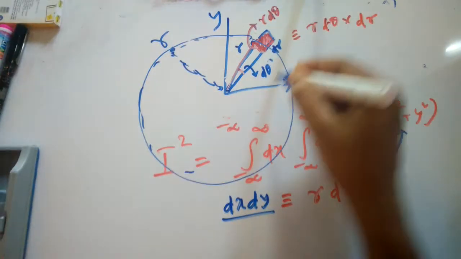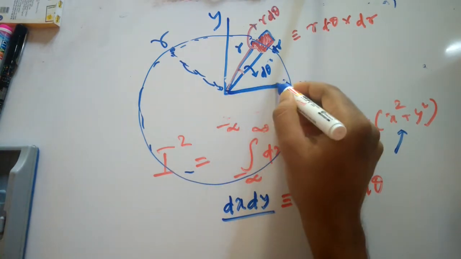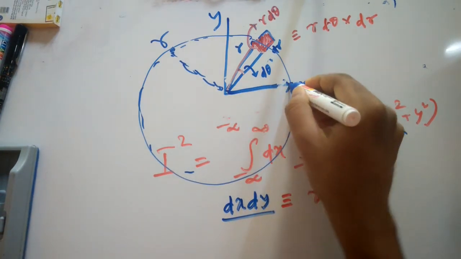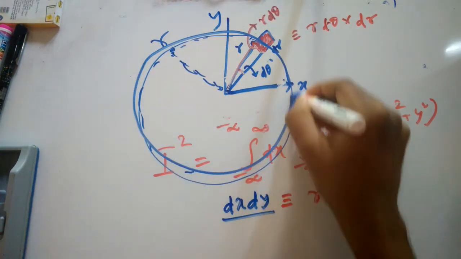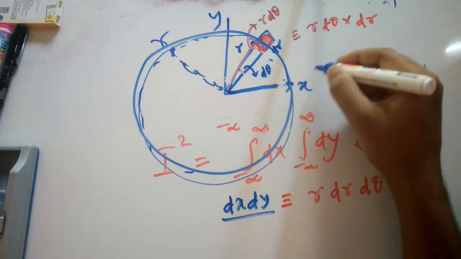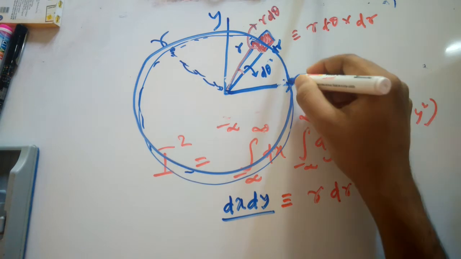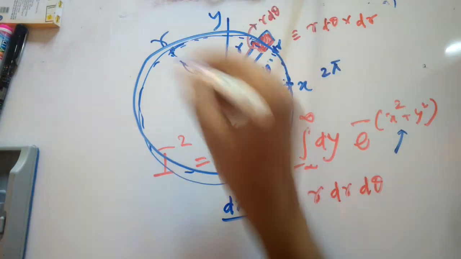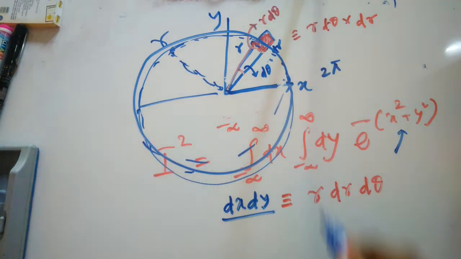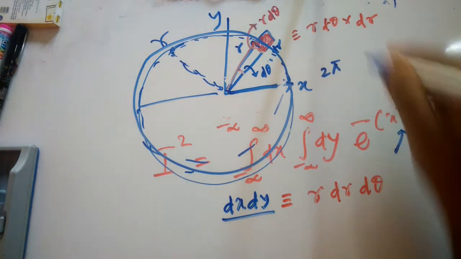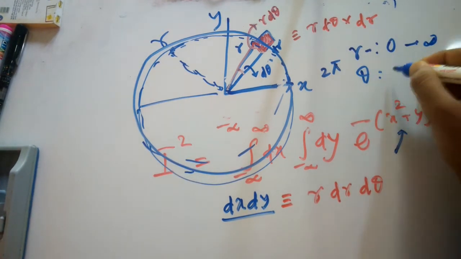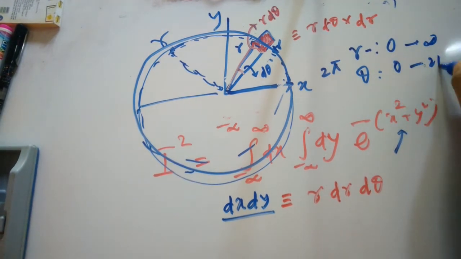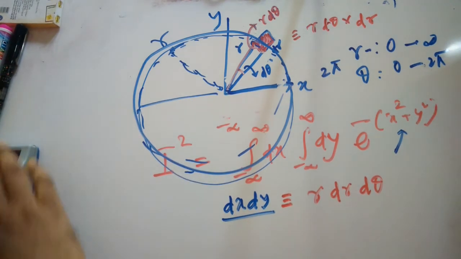So if this is R, the theta is 0, and you can go with the full circle. So it varies from 0 to 2 pi. Okay, so R is from 0 to infinity, and theta is from 0 to 2 pi. I think everybody understands this.